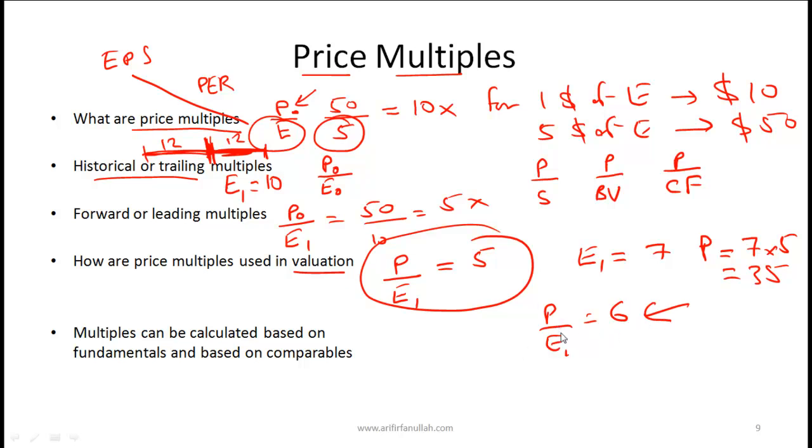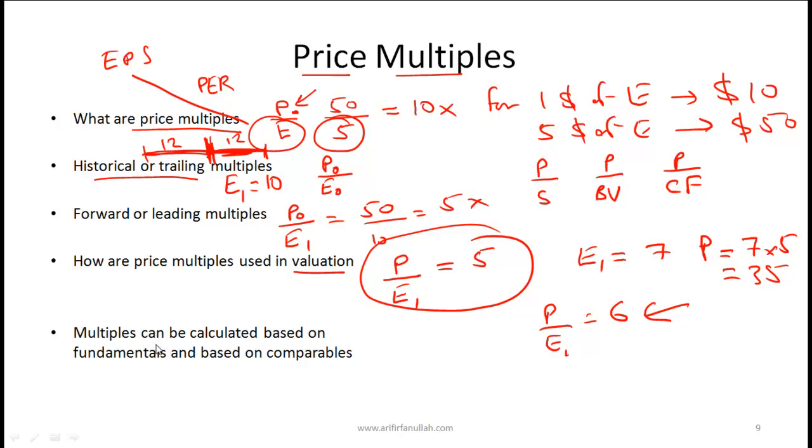So unless there is a good reason why investors are paying $6 per dollar of earnings for this company, whereas on average in the industry we have a PE ratio of only 5. So unless there is a good reason for this, we can say that probably this share is overpriced or overvalued. So the PE ratio is also used for relative valuation.